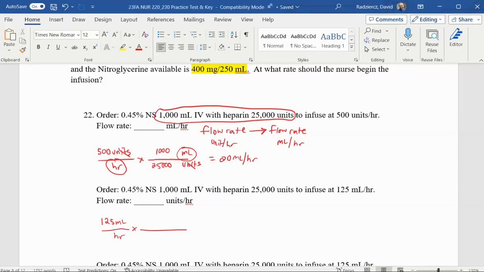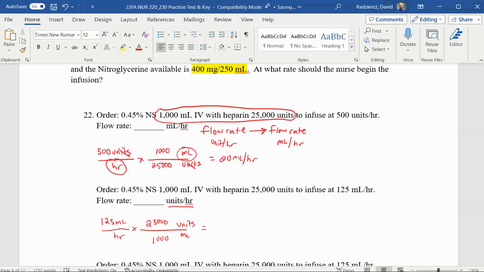But in this instance, I'm looking for units per hour, not milliliters per hour. So I want to get rid of milliliters and I want to convert to units. So you'll notice that I'm going to put 25,000 on the top this time and 1,000 on the bottom this time, because we're inverting the relationship based off of where we're starting and where we're going.